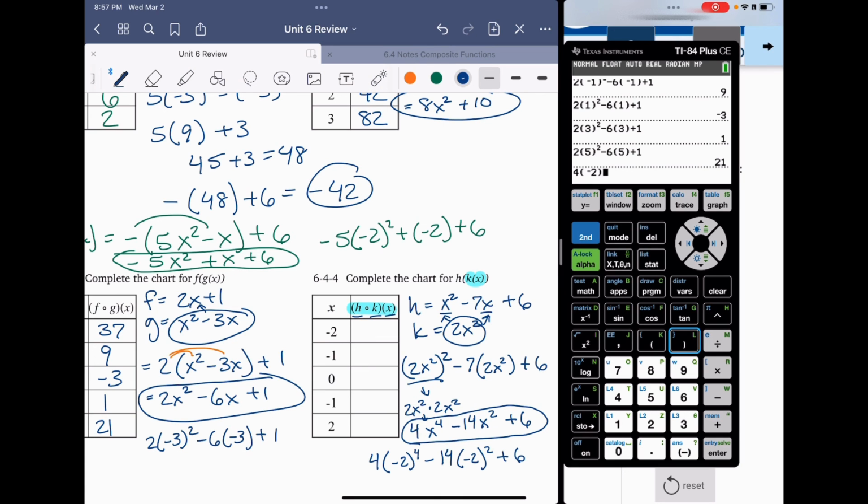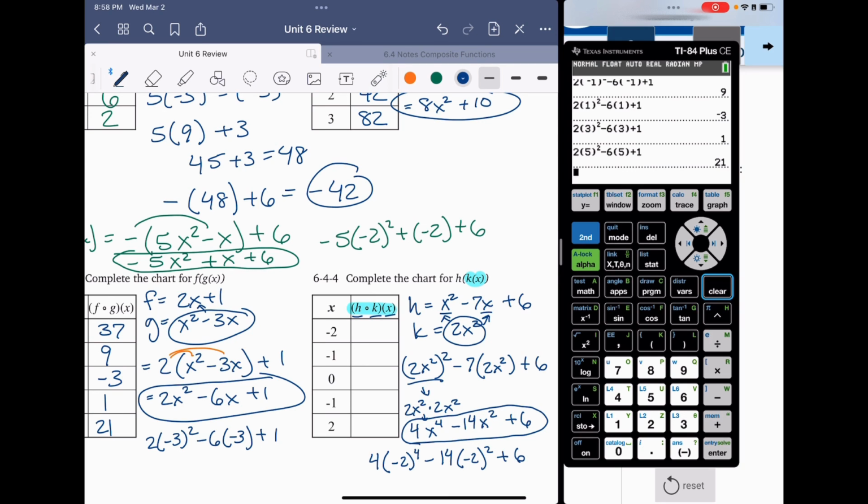Let me try hitting math. I think it's easier on your calculator. See, there's the cube one. All right, I give up with this calculator. I'm sorry, we're just going to have to do this one by hand. That's okay.